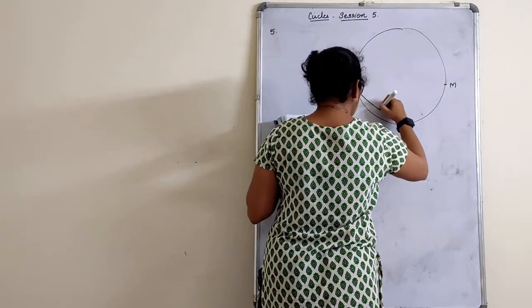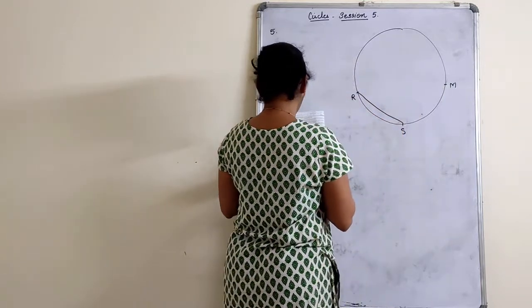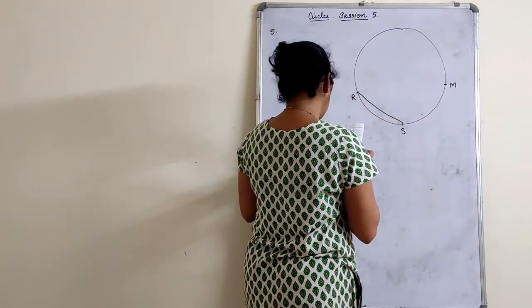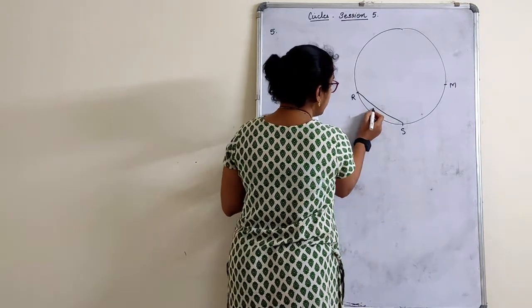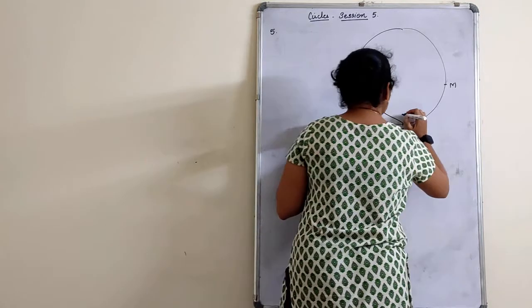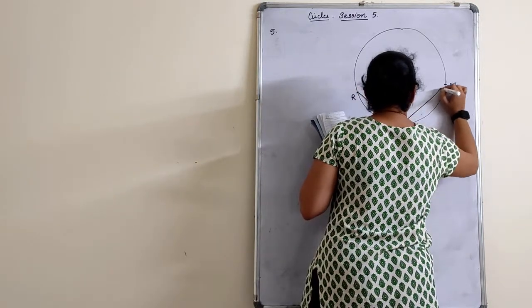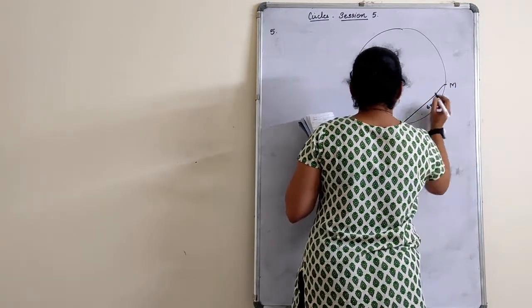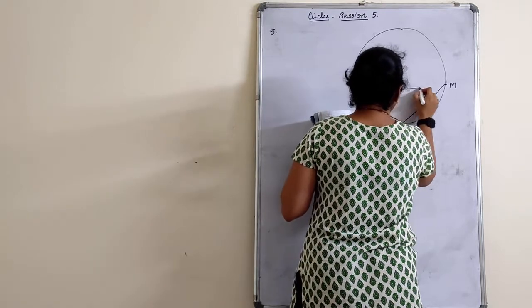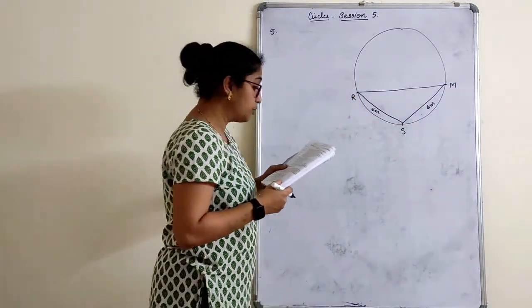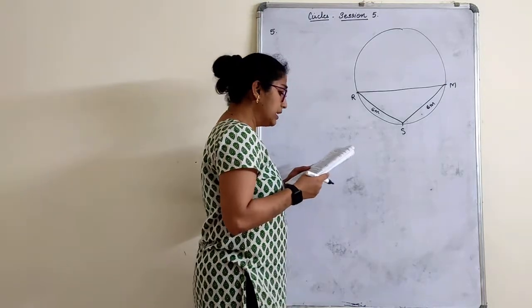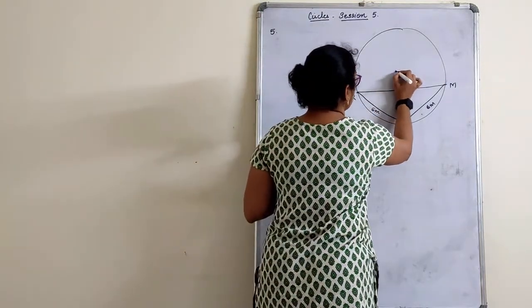So they are standing in this manner, with a radius of 5 meter, but the distance between Reshma to Salma and Salma to Mandeep is 6 meter. But the distance between Reshma to Mandeep is not known. I think that is what we have to find out here. This is the center of the circle.